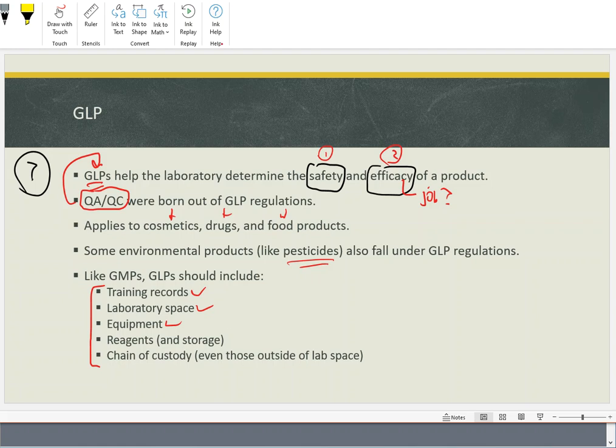Just like the GMP side of the house, the GLP side of the house will need to keep track of reagents. So reagents of what's getting used in the laboratory side to do that testing with. Things like expiration dates, when did they get ordered, who came in contact with them, including chain of custody forms. So what that means is that a chain of custody is from the moment of intake to the moment of disposal.